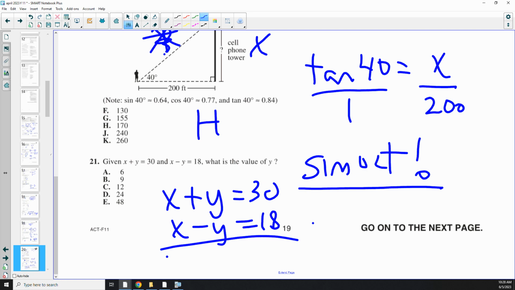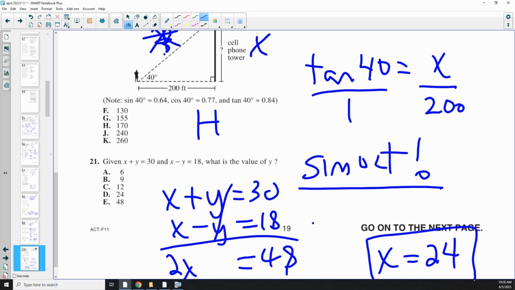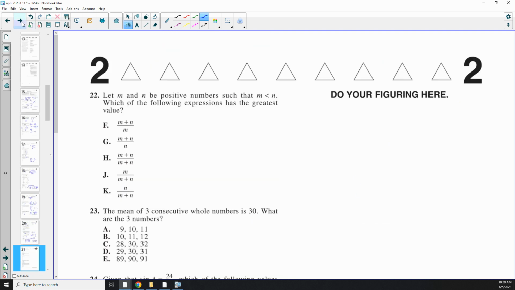For those who are fans of doing things the long way, you just add them up. And X is 24. Make sure you're not solving for X. They want the Y. 24 plus what gives you 30, and the answer is 6. Simult would be a great program to learn.